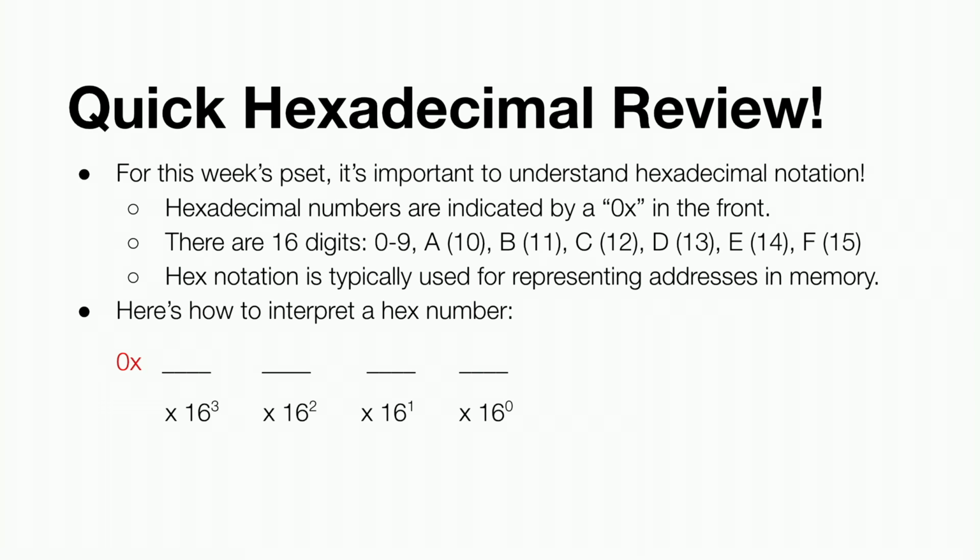So when you see 0x and some number, that is usually indicative of the fact that it's a hexadecimal number. In hexadecimal, unlike base 10 where you have only numbers 0 through 9, you also have A, B, C, D, E, and F, corresponding with 10, 11, 12, 13, 14, 15, respectively. And so hex notation is usually used for representing addresses in memory.